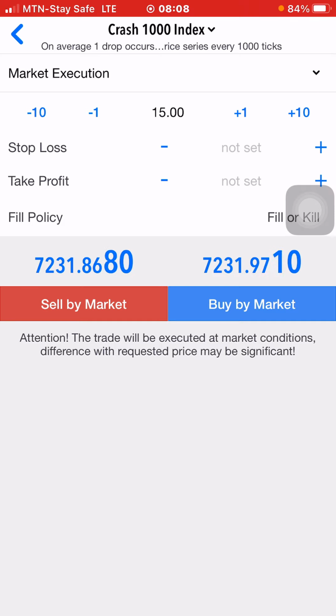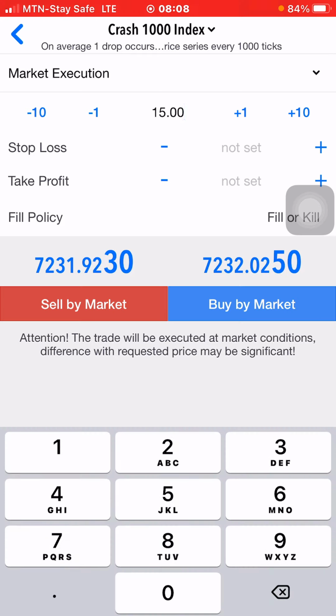Since we are on demo, we can use any lot size. The lowest lot size so far is 0.2, but we are going to use 0.5. So before you enter the market, you set your lot size up here, 0.5 for instance.